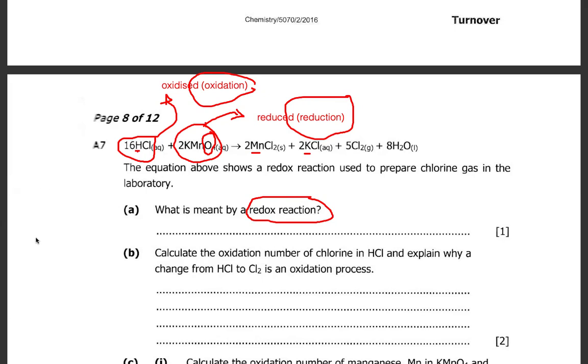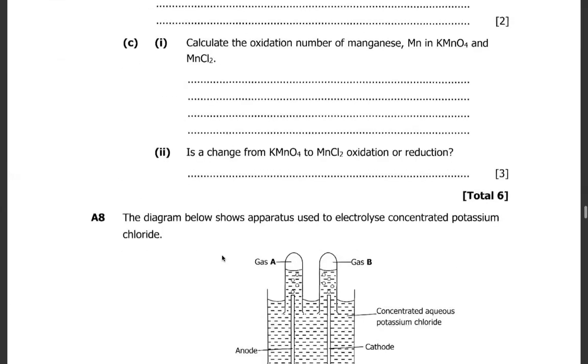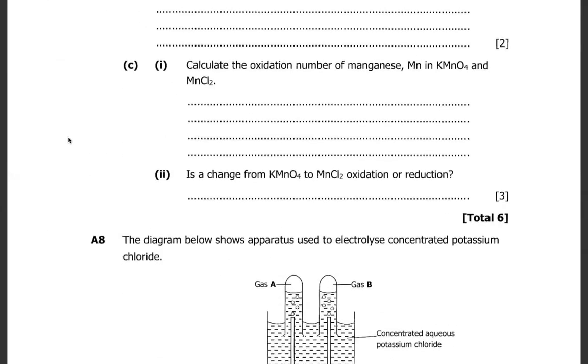So what can we get from this? If we go to the last point of this slide, it says, is the change from potassium permanganate to manganese chloride a reduction? Is it an oxidation? Without wasting much time, we'll focus on oxygen. What happened to oxygen? Oxygen is gone.